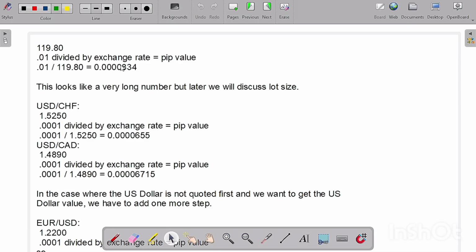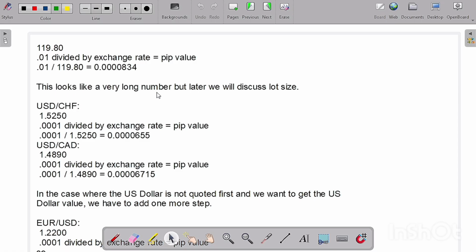This is the number you'll get, but using your calculator you'll see something different, whereby you will have 8.34 and a lot of numbers. Don't worry, because it looks like a very long number, but later we'll discuss lot size.